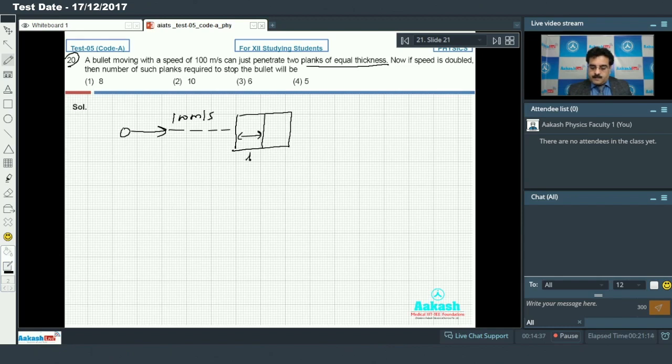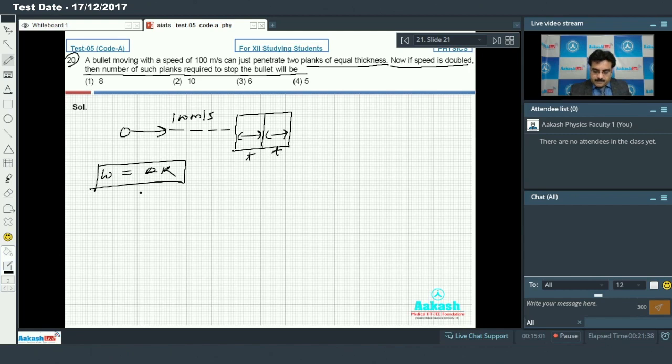Suppose the thickness is t. Now if the speed is doubled, then the number of such planks required to stop the bullet will be. So now if I use the work energy theorem, work done is equal to the change in kinetic energy. So we can use this theorem in 2 steps.